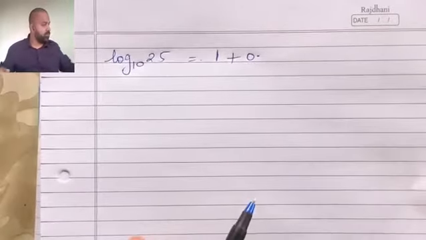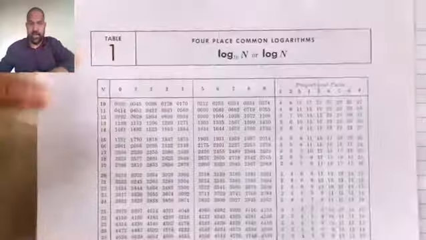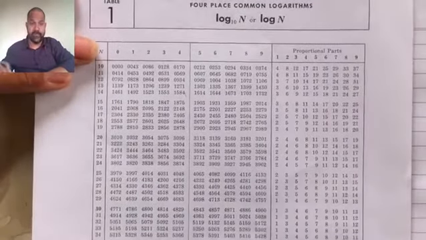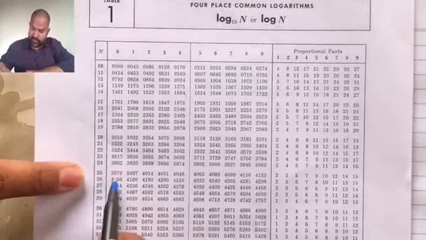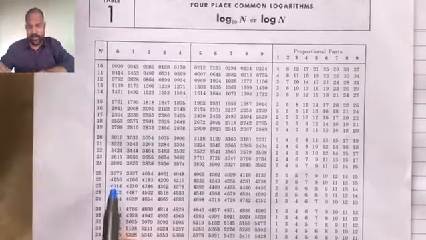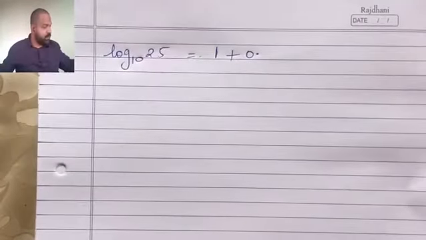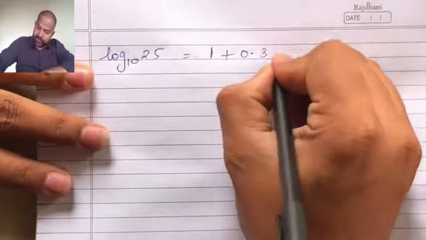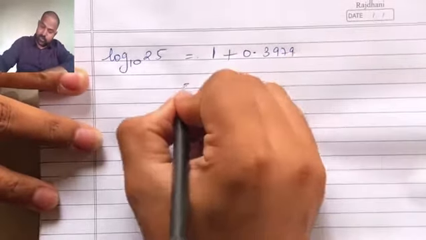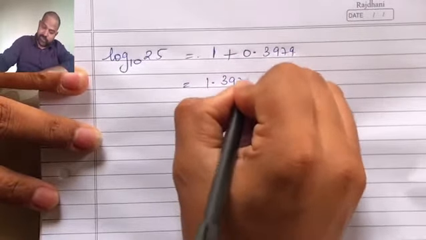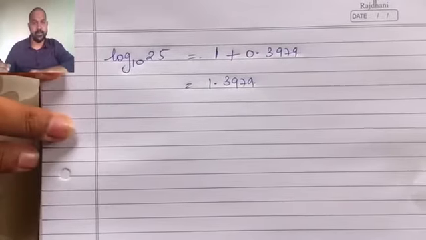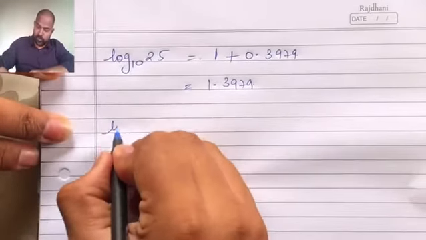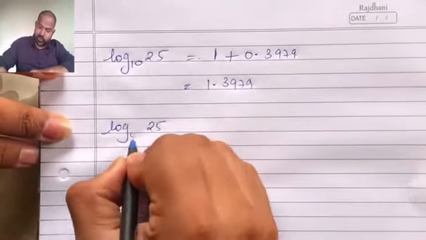Without the decimal also it is 25. I will hold my sheet, 25 0. So 25 0 is 3979. So I will write it as 1.3979. 1.3979 is the answer.